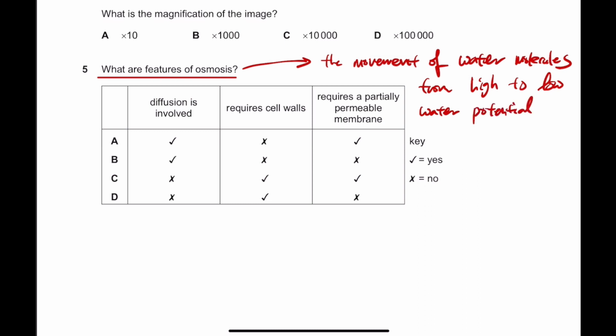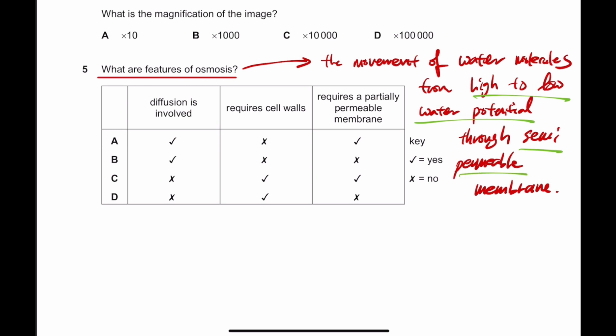And this is important. You always have to say through semi-permeable membrane. Okay? It's the movement of water molecules from high to low water potential through semi-permeable membrane.